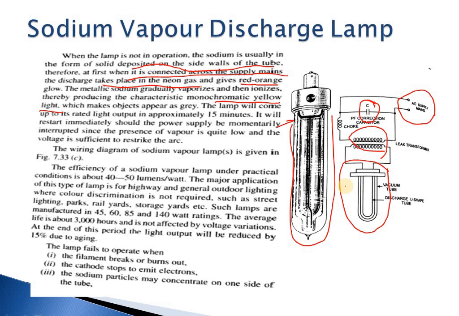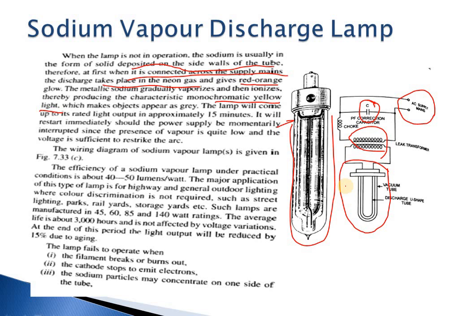So the sodium vapor lamp gives a monochromatic yellow color. Where color change is not important and only visibility matters, we can use sodium vapor lamps, like street lighting and railway yards. In the street, the color does not matter.